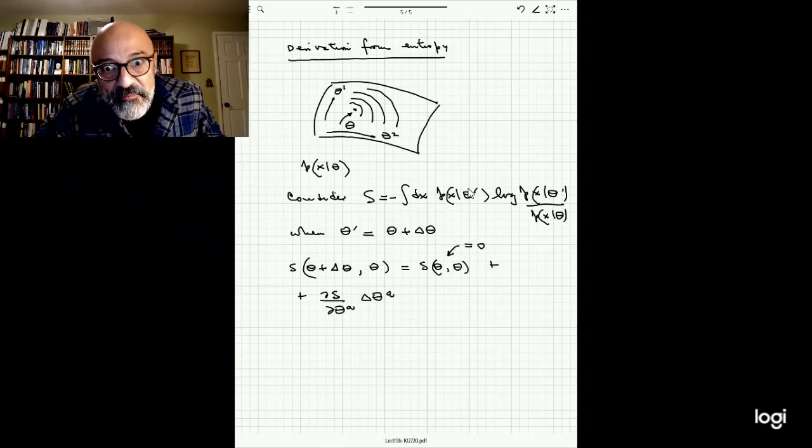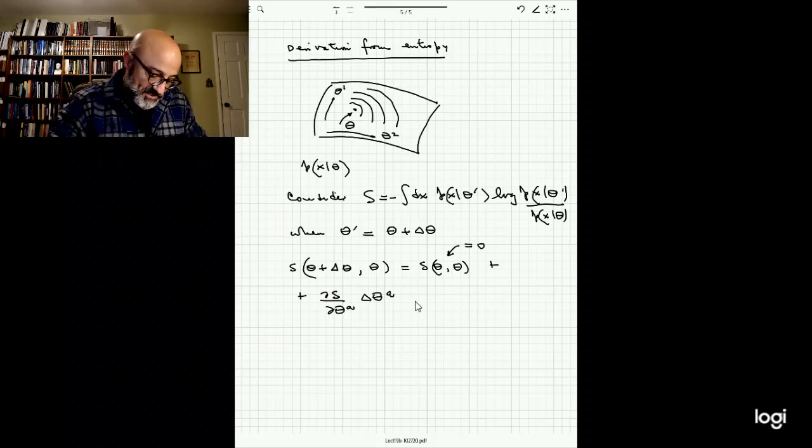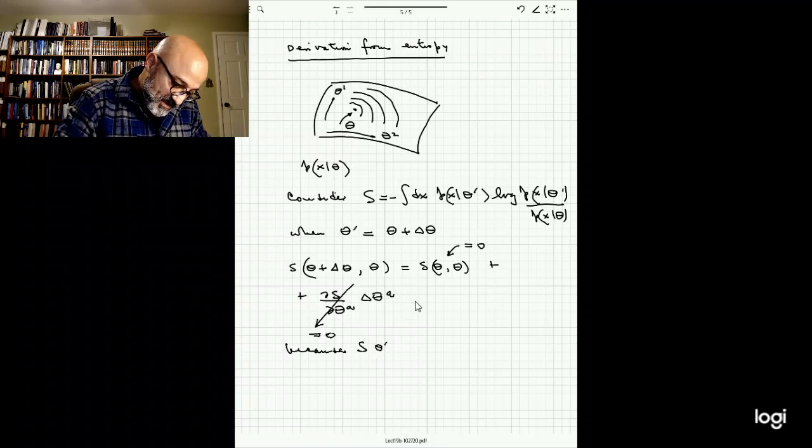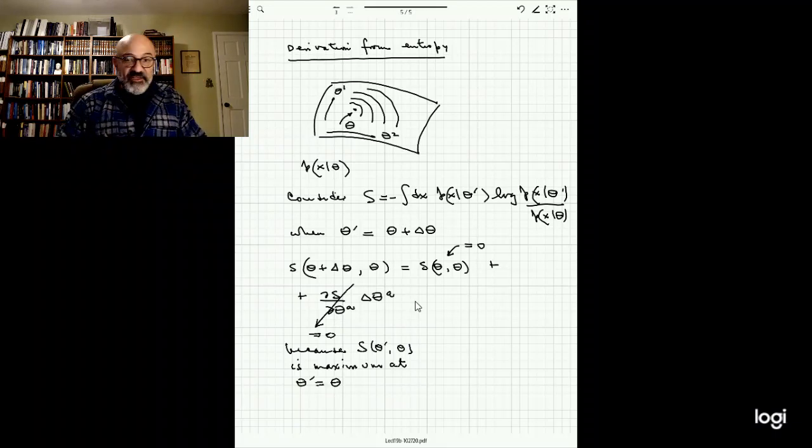If you compute what the maximum is, the point theta is going to be the maximum. The first derivative vanishes because S of theta prime, theta is maximum at theta prime equals theta.